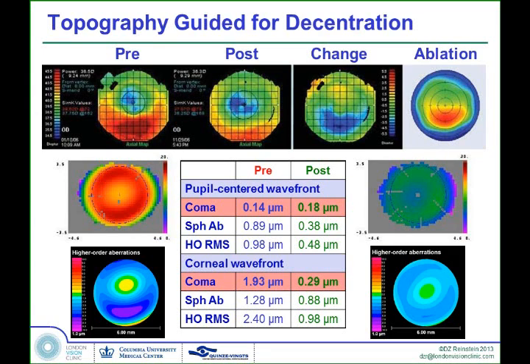Now, if you look at the corneal wavefront pre-topography-guided and post-topography-guided, you can see that we've reduced the coma from almost 2 micron to 0.3 micron, and we've reduced the total amount of aberration in the eye. If you measure from the pupil, you don't really see any difference in coma.